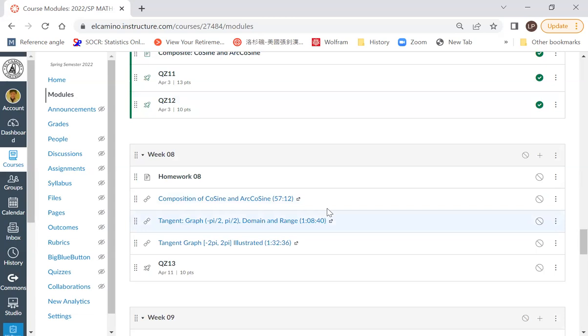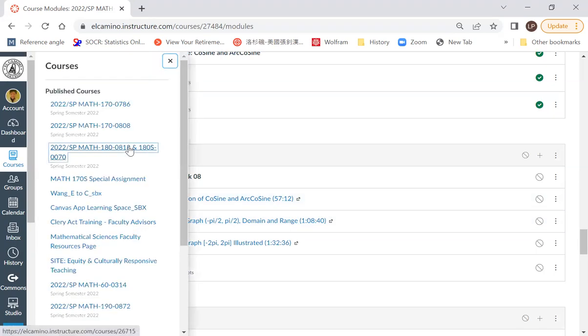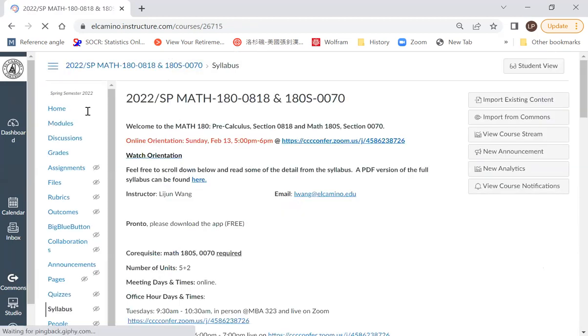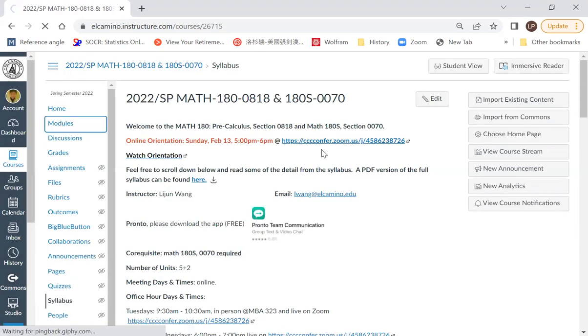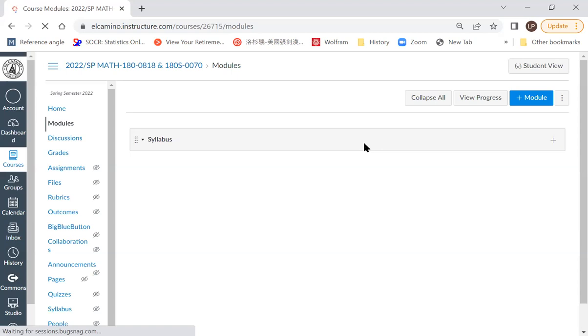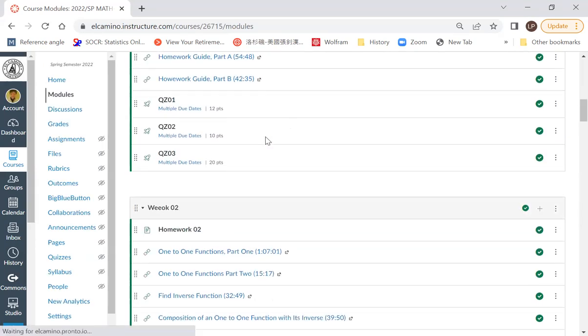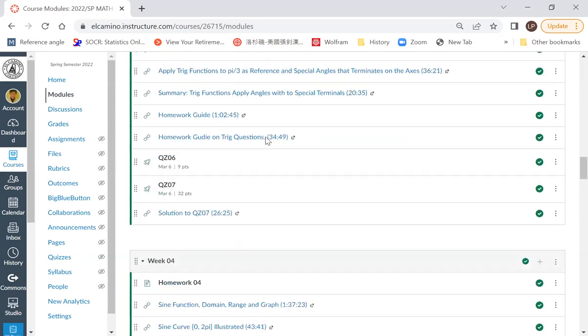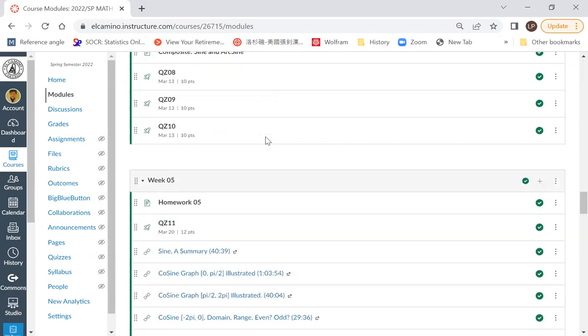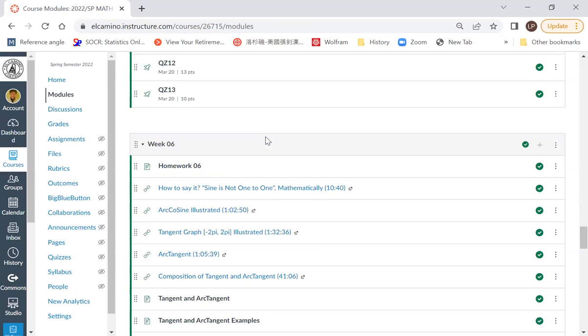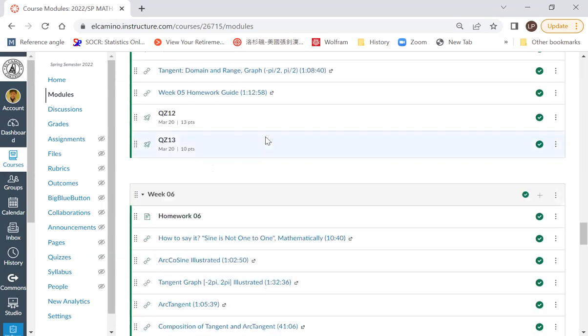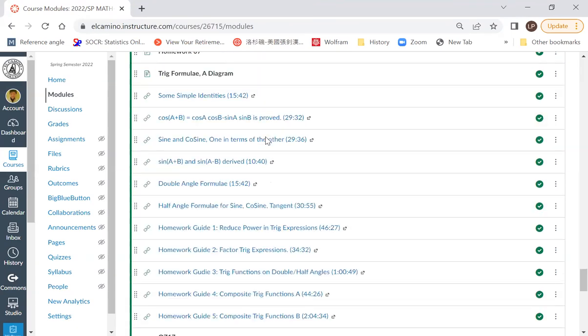Let me show you Math 180. They're all very similar, all of these functions. Just study all of these contents, and summaries have been done periodically.